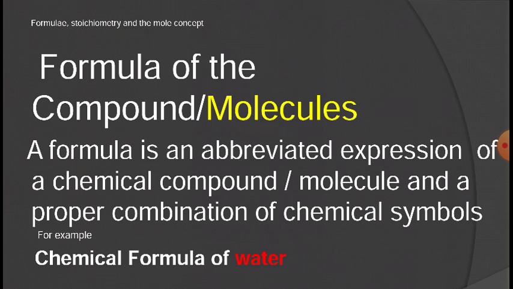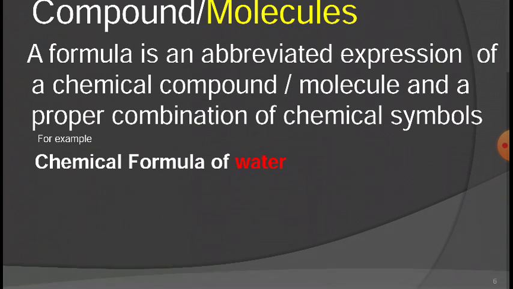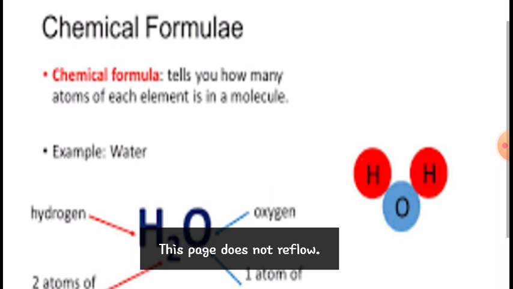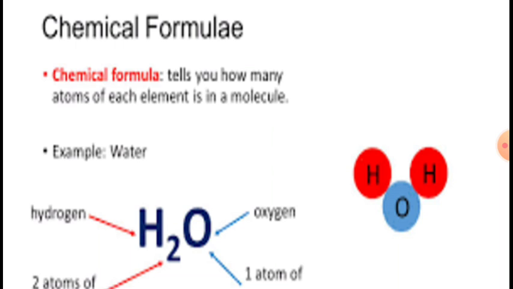Here is an example for you, the chemical formula for water. Here we can see that water has two types of elements, one is hydrogen and the second is oxygen. We can also come to know how many atoms of hydrogen and oxygen are there.